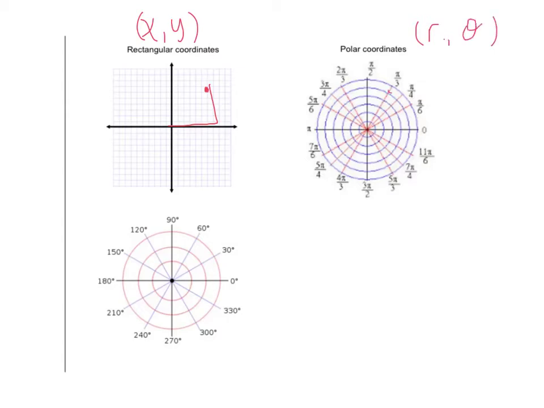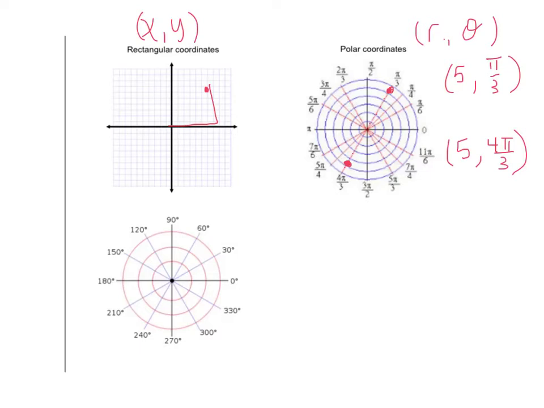So if I had a point that was right here, this would be how long is r, where you could count 1, 2, 3, 4, 5, and it's in the pi over 3 direction. So that coordinate would be here. Over here, I would have 1, 2, 3, 4, 5. I just happen to pick that, 5, in the 4 pi over 3 direction.